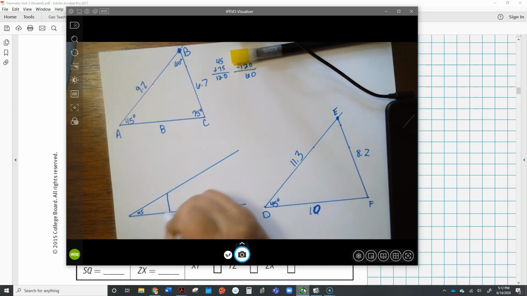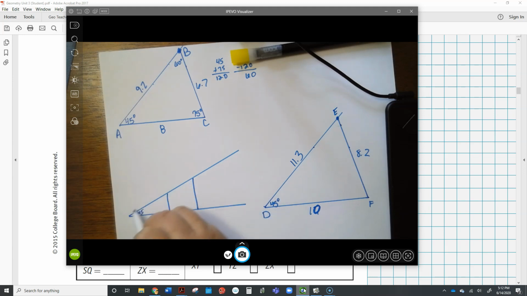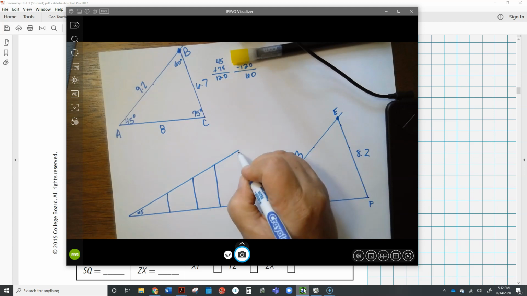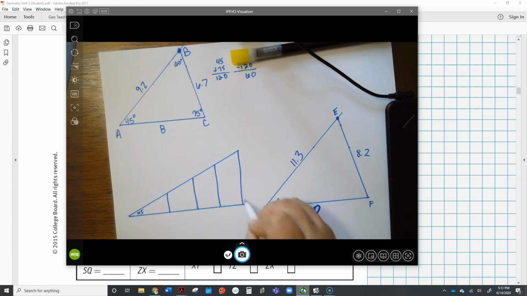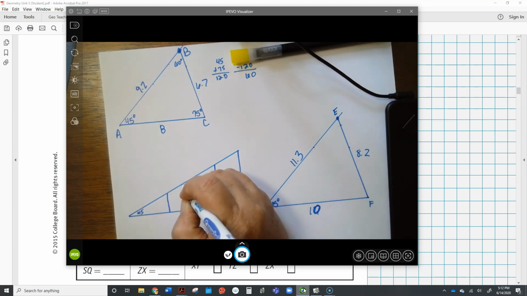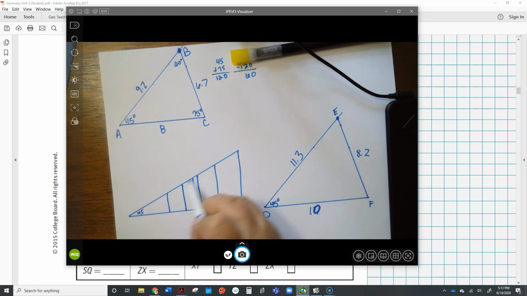But anyway, this triangle is similar to this bigger triangle, is similar to this bigger triangle, is similar to this bigger triangle. I got them evenly spaced, but it doesn't have to be evenly spaced. Each one of those bigger triangles is proportional to any one of the other ones.